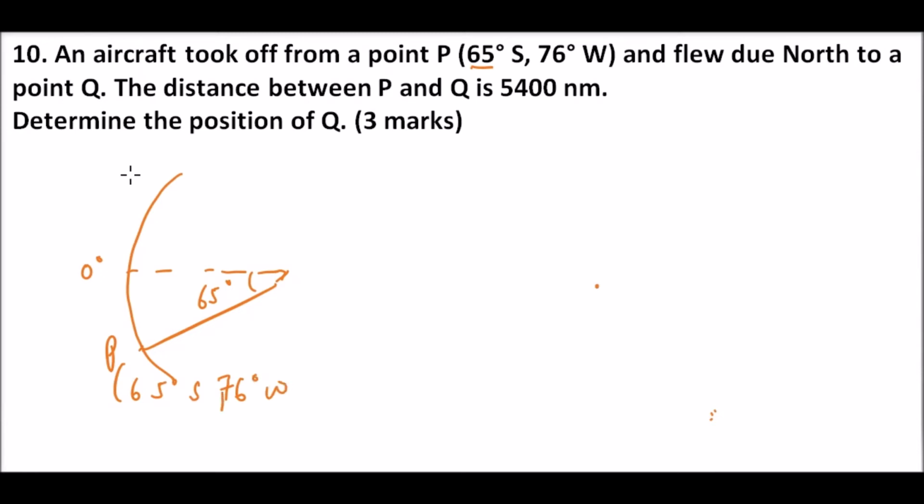So it moved to a point Q, which we don't know how far it is to the north, but we know since it did not move to either west or south, the longitude remains.